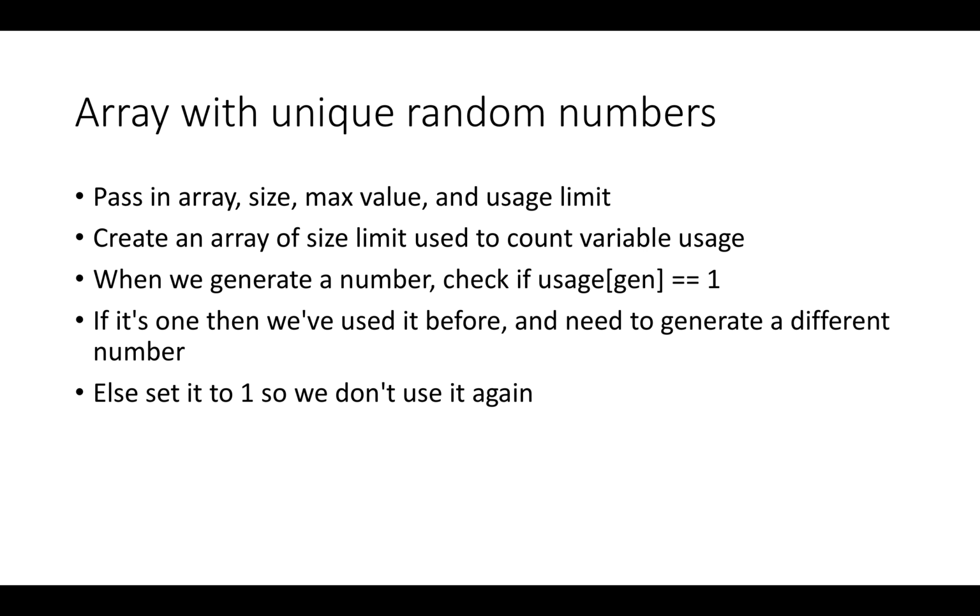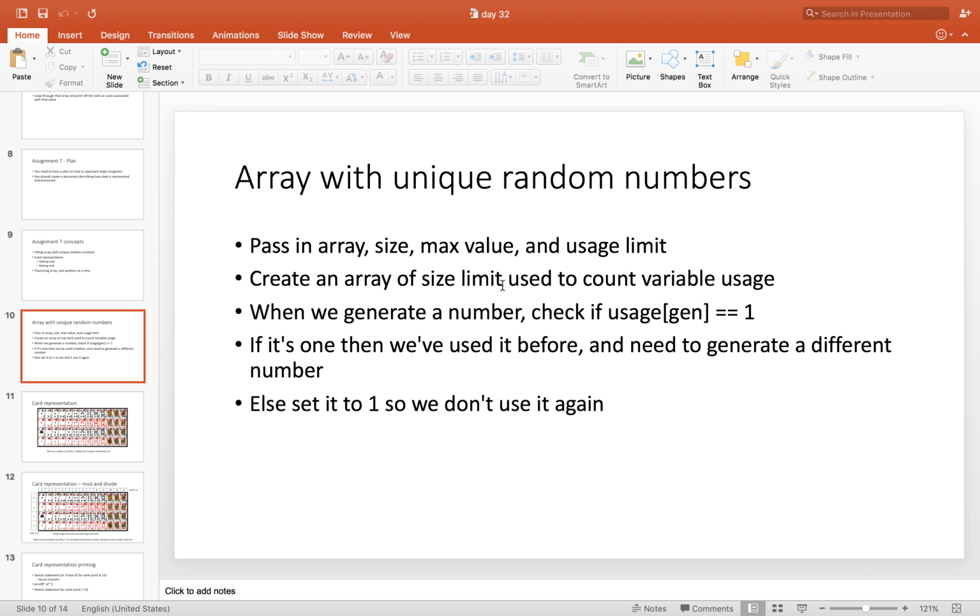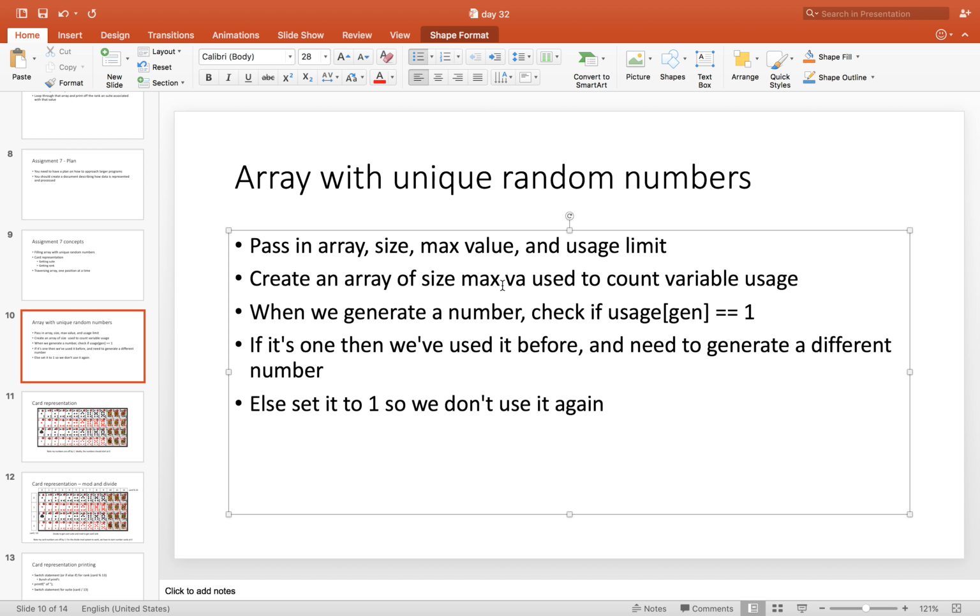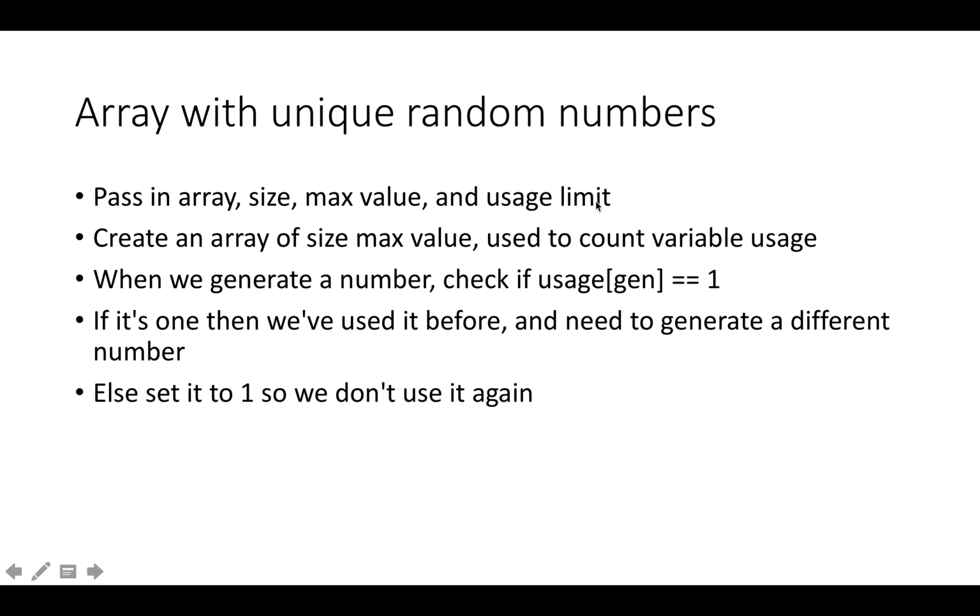Inside that function, we want to create an array of size max value, not limit. And that will be used to count variable usage. When we generate a number, we check if usage at the generated number is equal to 1. If it is, then we've used it before, we need to generate a new number, or else we set it to 1 so we don't have to use it again.